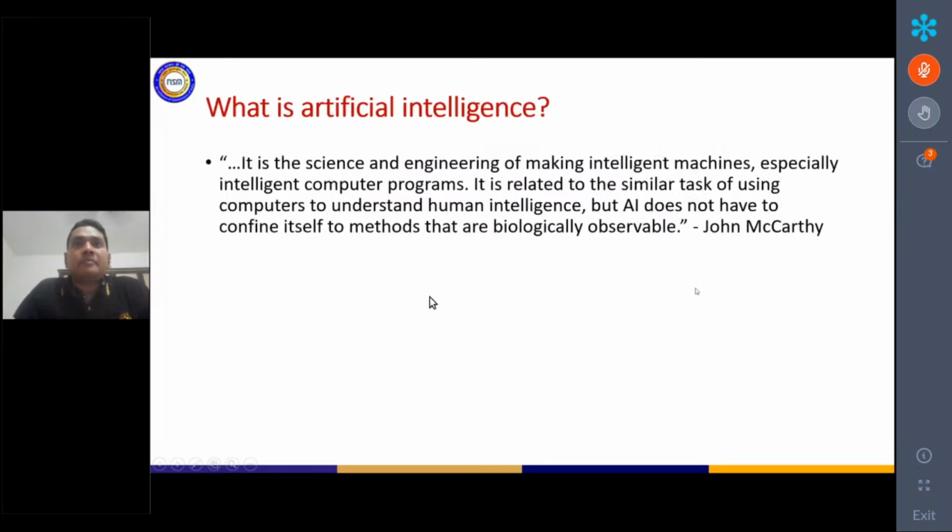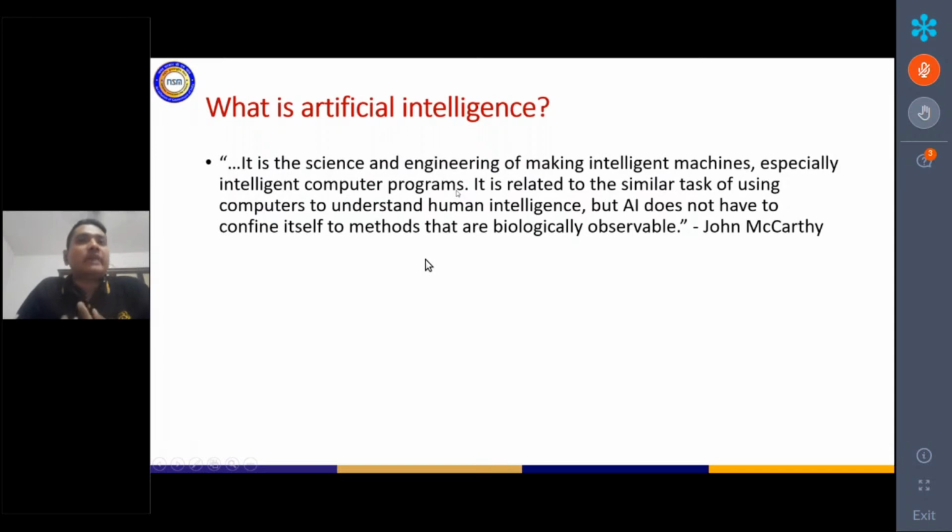So these are the applications of AI, and there are numerous applications you have heard of. But the main question is, what is artificial intelligence? We have many definitions available, but the most accepted definition was given by John McCarthy in 2004 in a paper published by IBM, and it says that it is the science and engineering of making intelligent machines, especially intelligent computer programs.